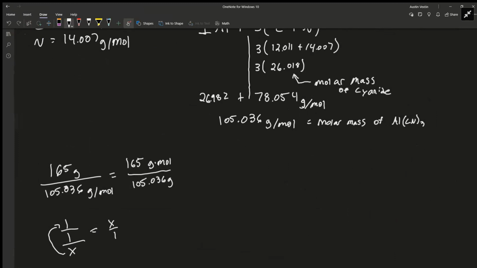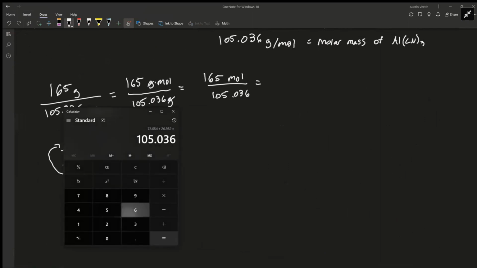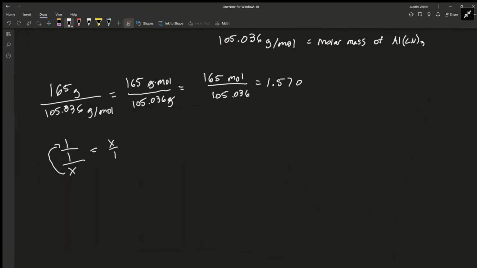Okay, so this is equal to, we can cancel out our grams. So we have 165 moles divided by 105.036. And pull out our calculator one last time. 165 divided by 105.036 gives us 1.570889 moles.